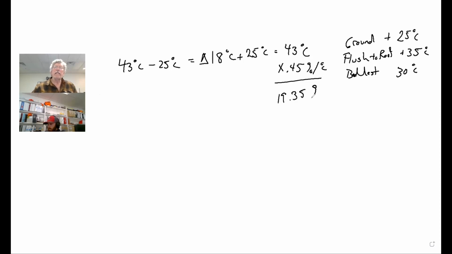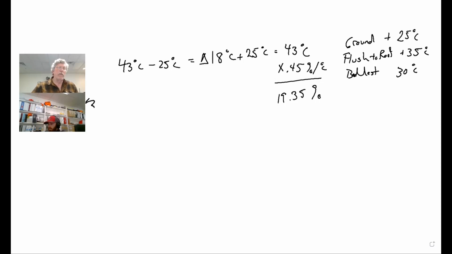So what that's saying is, on the hottest day ever, this panel will likely produce 19.35% less voltage than it would under standard test conditions. The hotter it gets, the less the voltage. So what is the voltage? Well, the voltage is VMP.